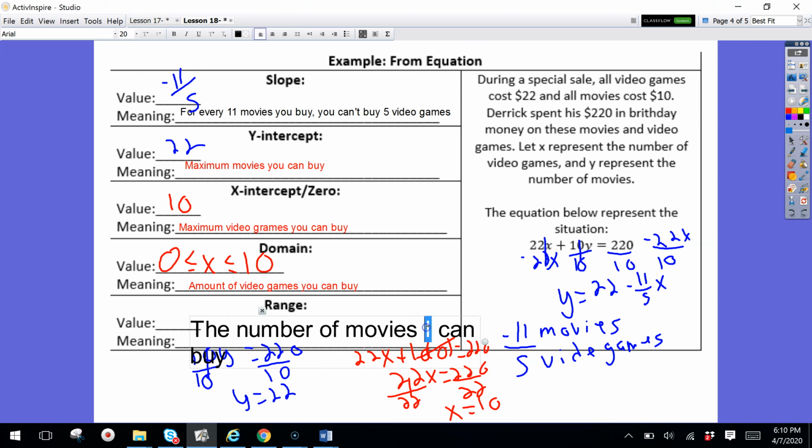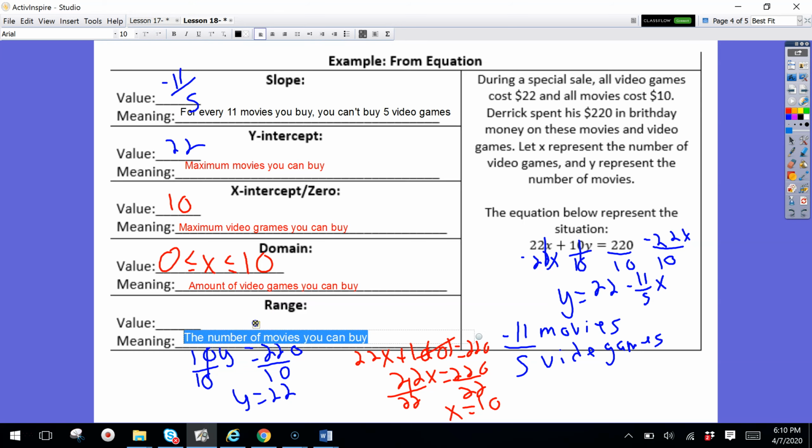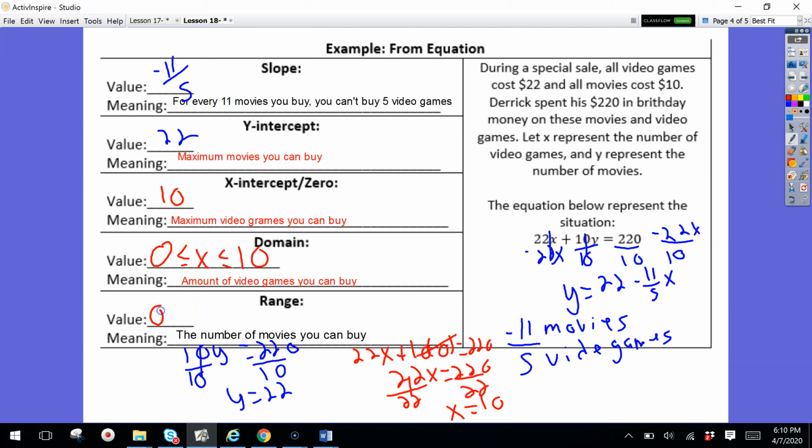Or you can buy. And then let's go ahead and make this just a little bit smaller so it fits. Okay, great. And so I can decide to not buy any movies at all. Or we can decide that we can spend all of our money on movies. And well, what was the most movies you can buy? Well, that's my y-intercept, 22.